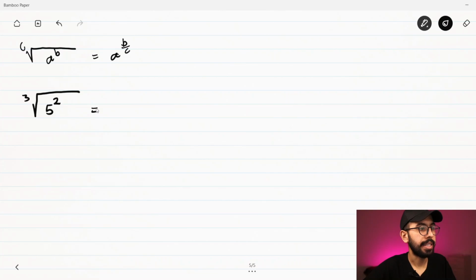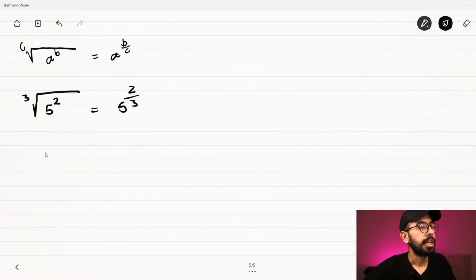It is the same as saying we have 5 to the power of 2/3, because this root can be written in exponential form, like a fraction from the base.